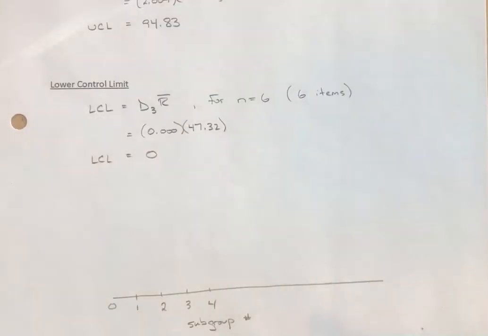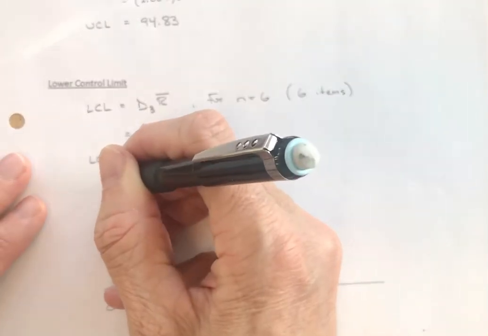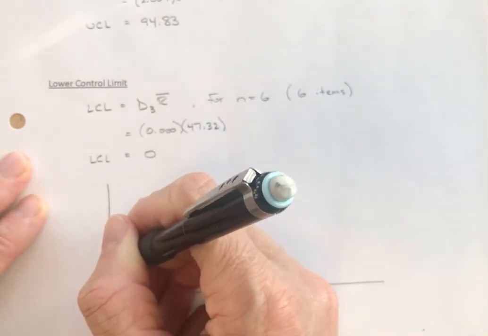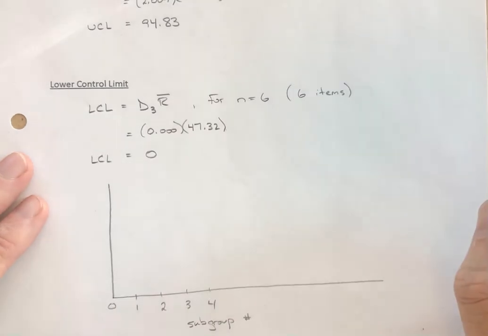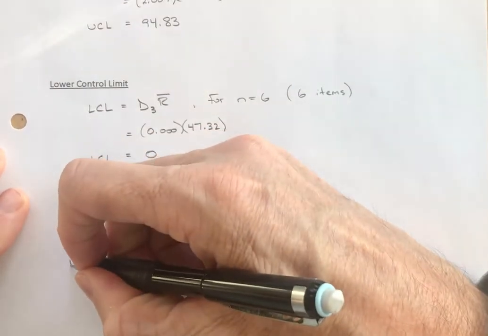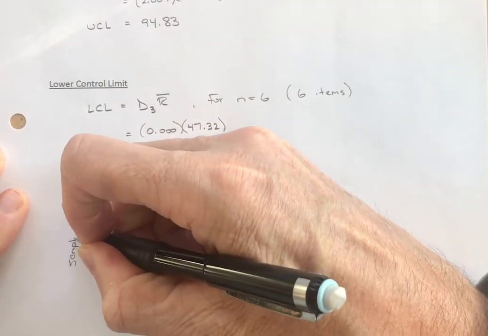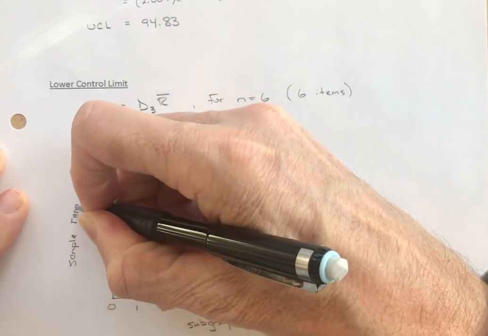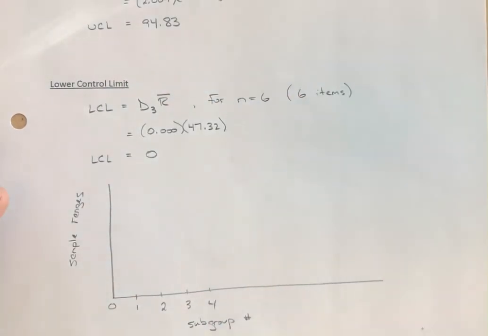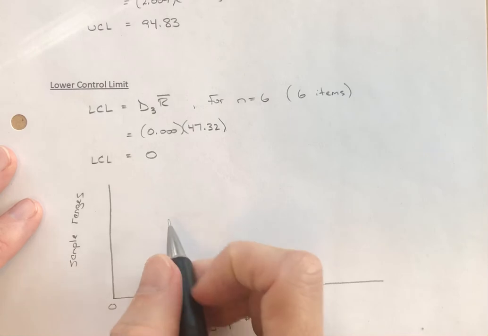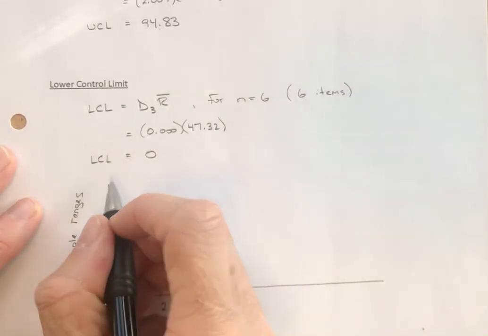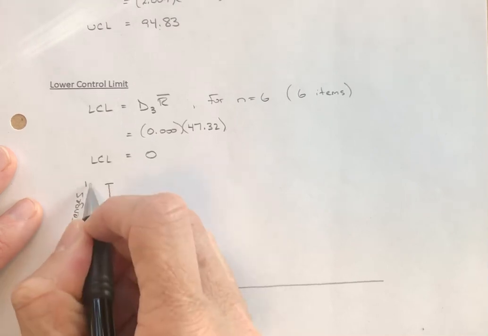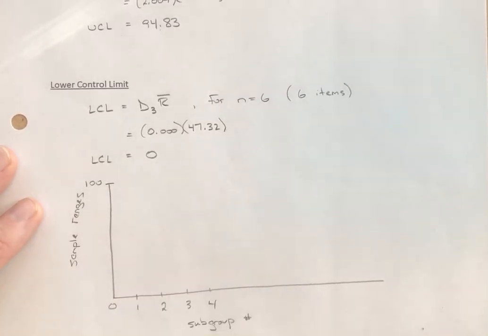And then on the vertical axis, remember, the R chart is sample ranges. So these are our sample ranges, because the R chart shows ranges. And we go from 0 to 94, so I'll top this out at 100 here, so 0 to 100.